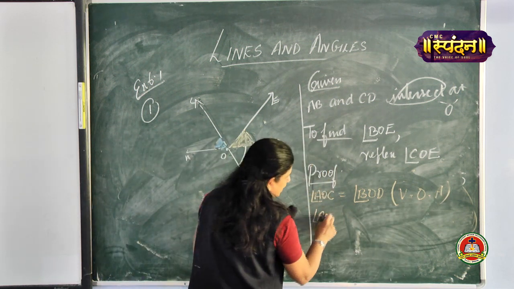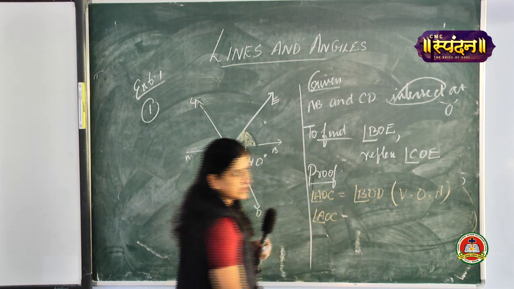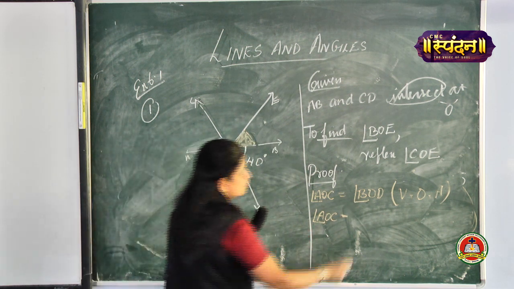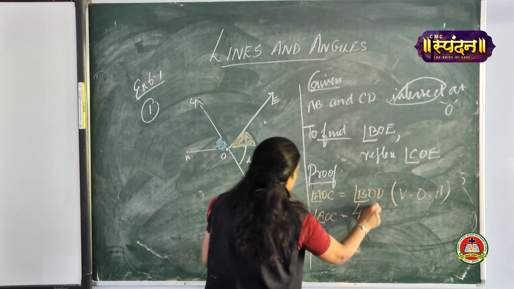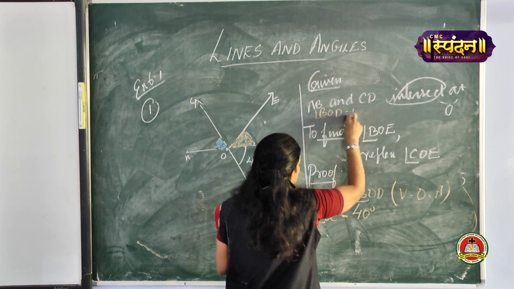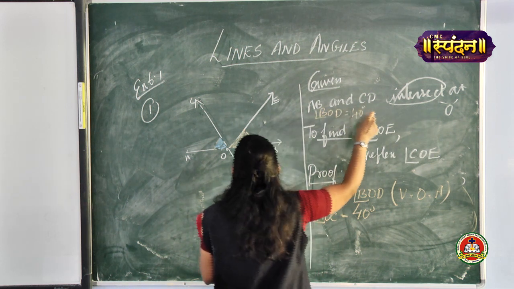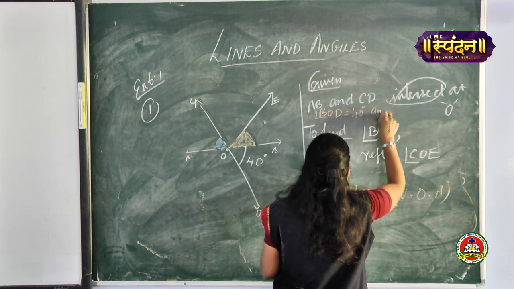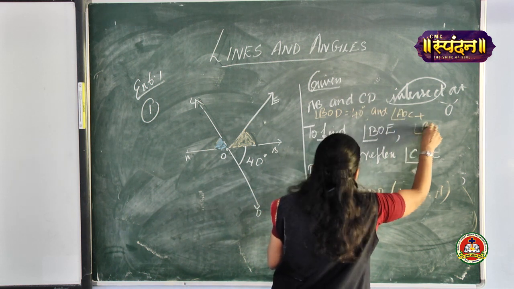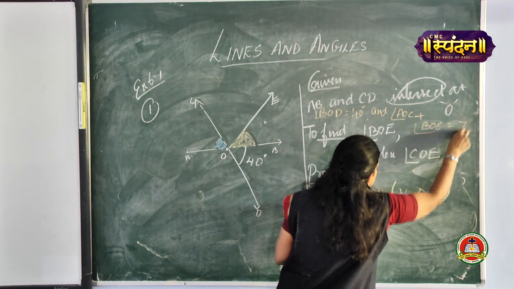Therefore angle AOC is equal to, do you know BOD? See the figure over here, what is given? BOD is equal to 40 degree. Also you can write it in given also, angle BOD is equal to 40 degree, and one more was given, angle AOC plus angle BOE is equal to 70 degree.